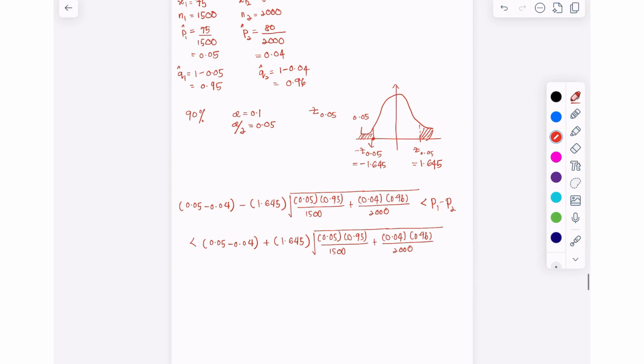If you calculate this, you will obtain that the proportion P1 minus proportion P2 is in between negative 0.0017 and 0.0217. So this is the 90% confidence interval for the difference between the two proportions.